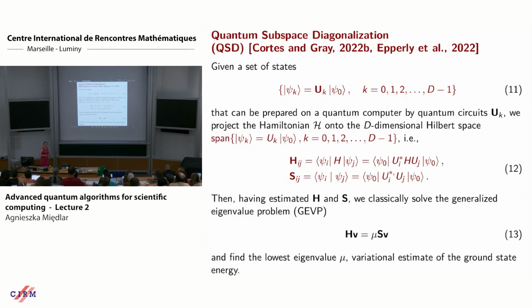And those d states will live in some d-dimensional space, or will define the d-dimensional space. And I will try to project my large problem, my Hamiltonian H, onto this. Sorry for the notation, but I couldn't use bold H for everything, so the Hamiltonian was denoted by the curly H. Okay, so how does that work? In order to project, I will use the states that I have been given, and I do the projection.